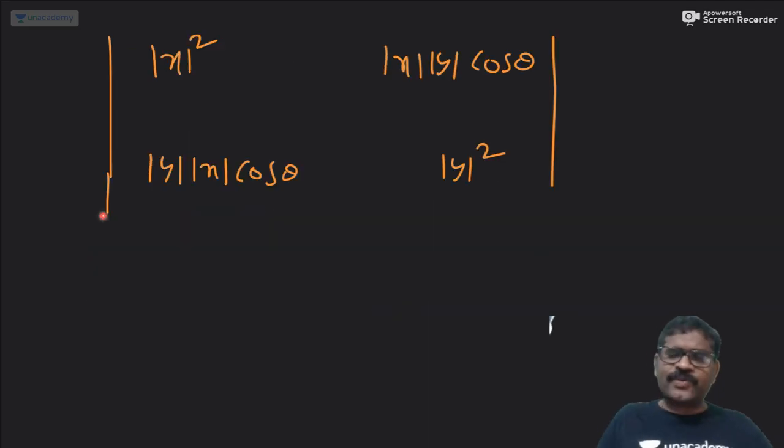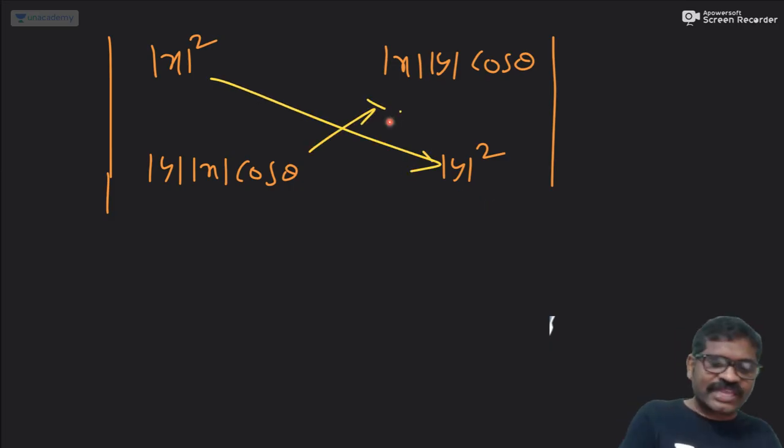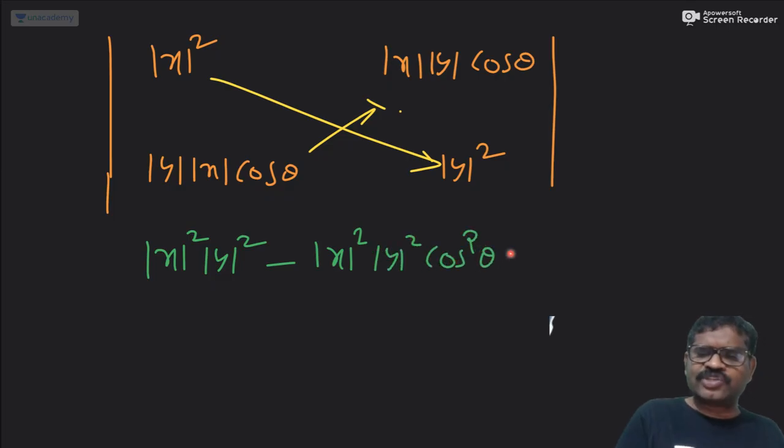Okay, now you know how to calculate the determinant value: AD minus BC, this product minus this product. That gives us mod x whole square, mod y whole square minus mod x whole square into mod y whole square into cos square theta.